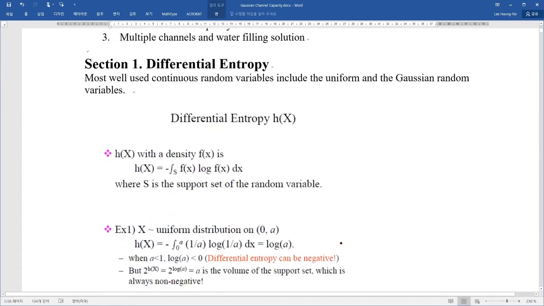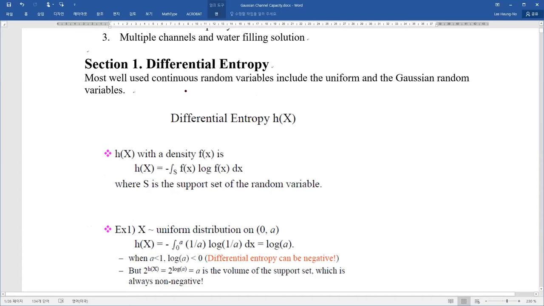Okay, the first one, differential entropy. So most well-used continuous random variables include the uniform distribution and Gaussian random variables. So uniform random variables and Gaussian random variables are useful for us to describe things.